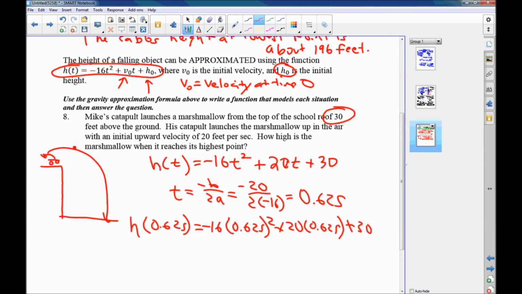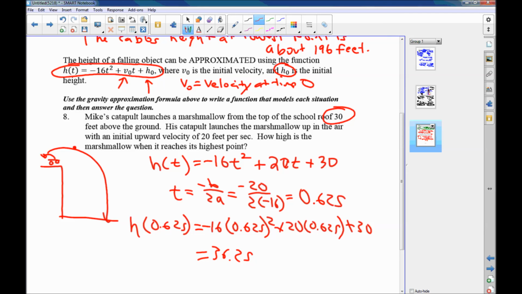All right, so I'll type that in. I get 36.25 feet.